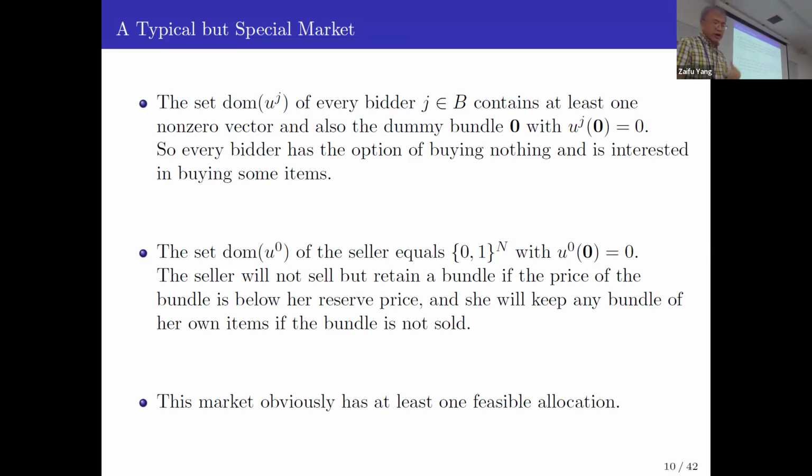For the seller, any bundle of goods which is not sold, the seller just keeps. So the effective domain is equal to the entire set of bundles. In this market, obviously there is at least one feasible allocation.